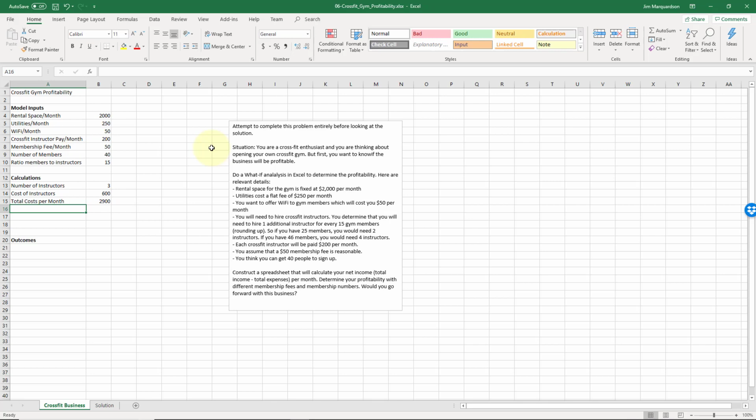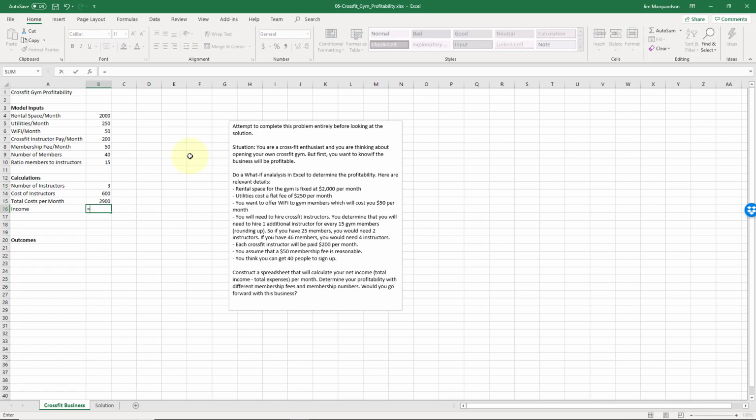Now, if I'm actually creating a real model, I want to be very thorough and very specific about all of these costs. This is just assuming that these numbers are all accurate. I'm going off of the information provided to me here, but I want to be thorough. Income. So how do I define my income? My only source of income here, I'm assuming, is the membership fee.